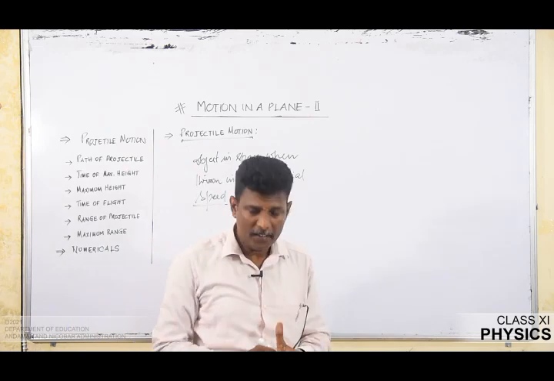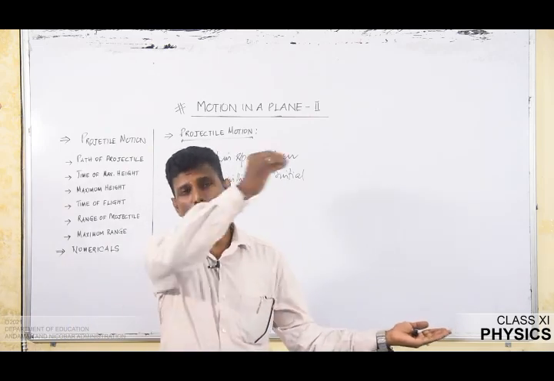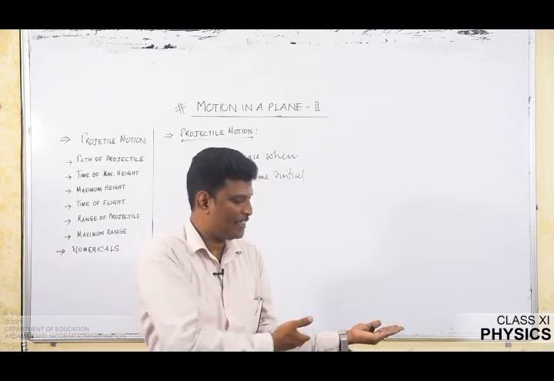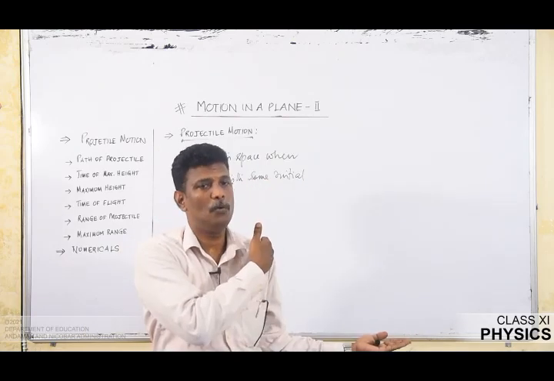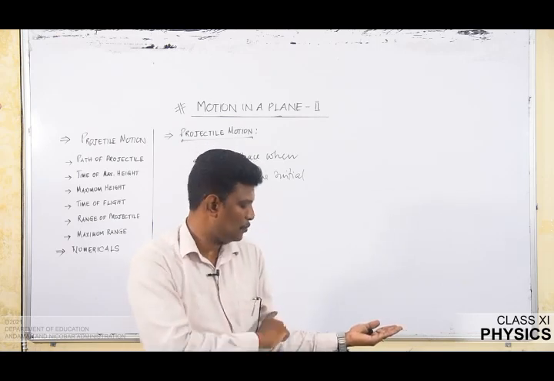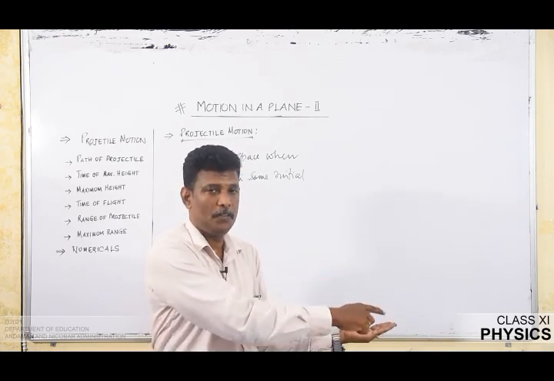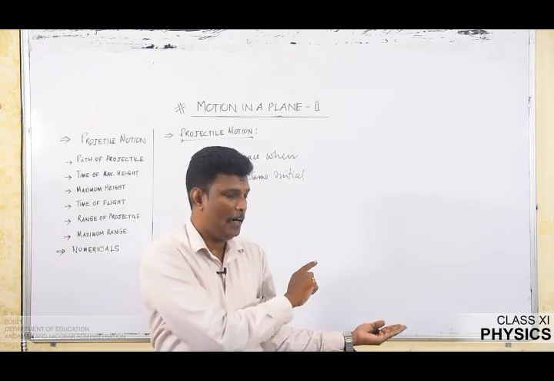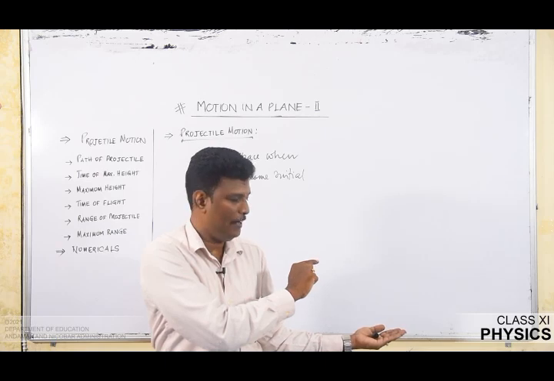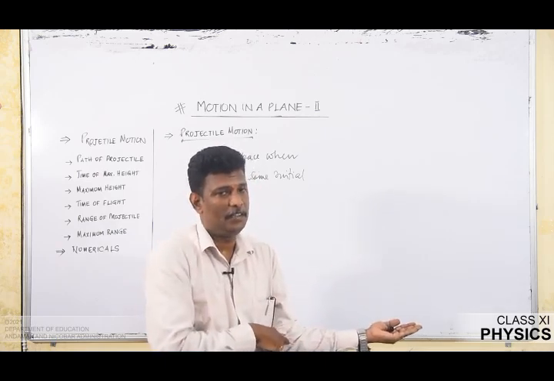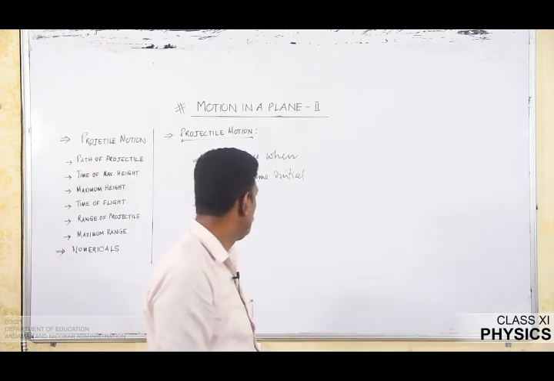You will find that when the object is thrown, it is making motion with respect to the x axis and with respect to the y axis. If you consider this as an xy plane, the object is moving like this. Slowly it is getting up and reaching one highest point and getting parallel to the x axis. That is called the projectile motion.